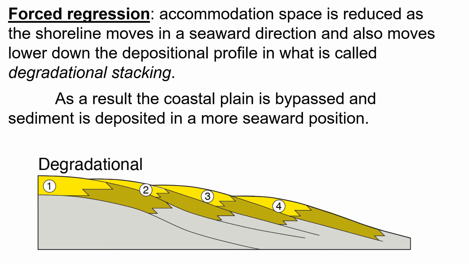This goes down. So this is truly a lowering of sea level as we're dumping more sediment in there too. So coastal plain sometimes gets totally bypassed. And then you have sediment that's deposited in a far seaward position. So again, if this happens to an extreme, this can also violate Walther's law.